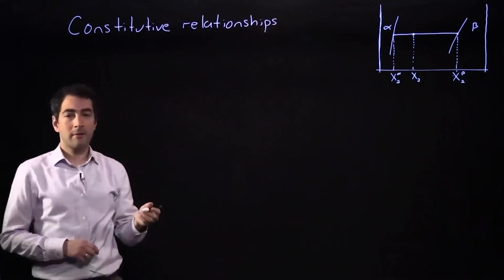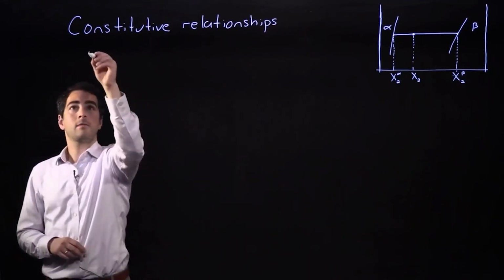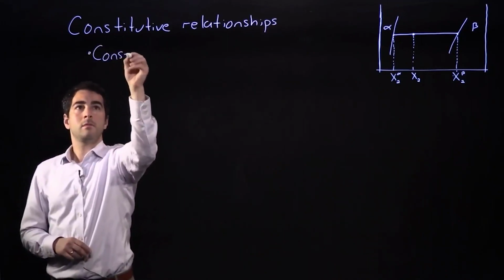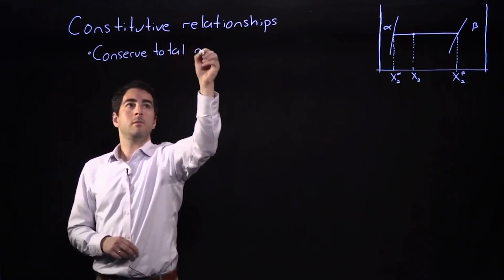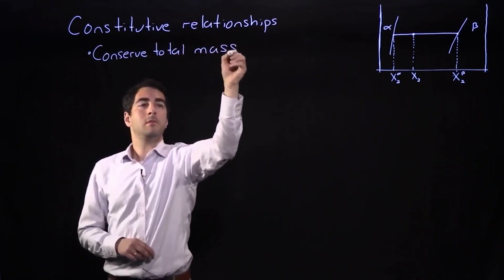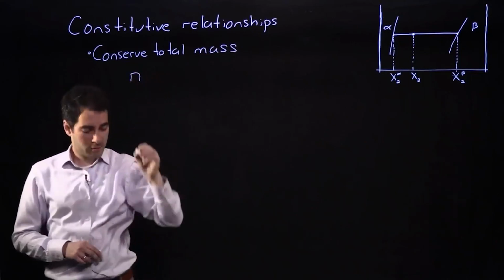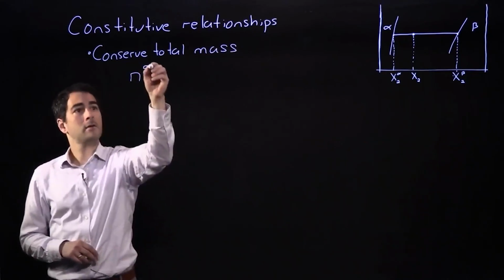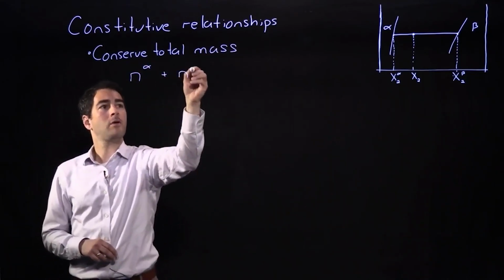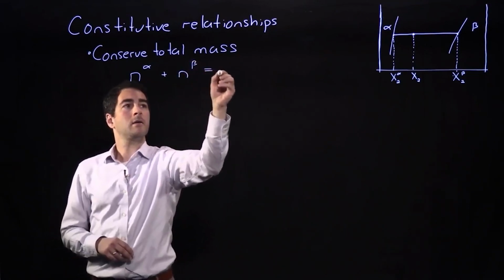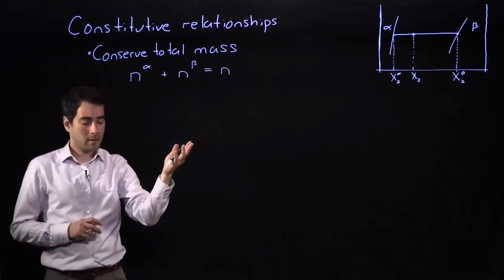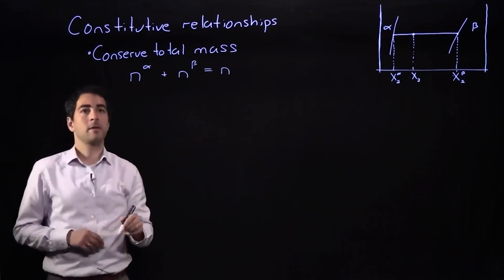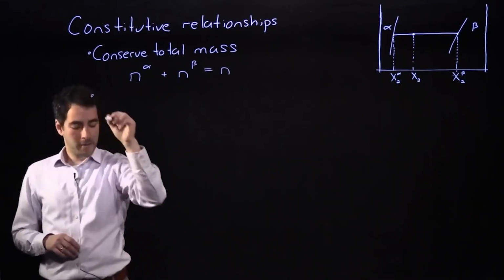So, for example, we have to conserve the total mass. The total number of moles of alpha plus the total number of moles of beta is the total number of moles of the system. So N super alpha and N super beta are related in that way.